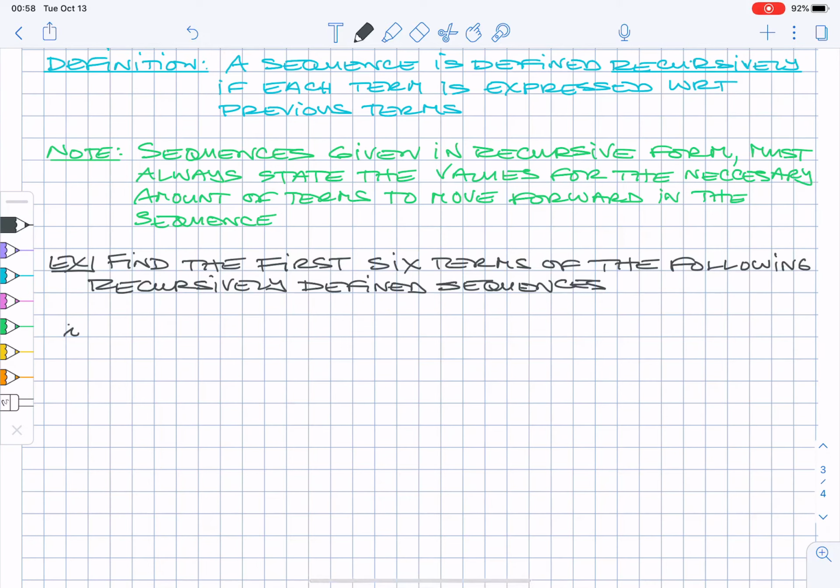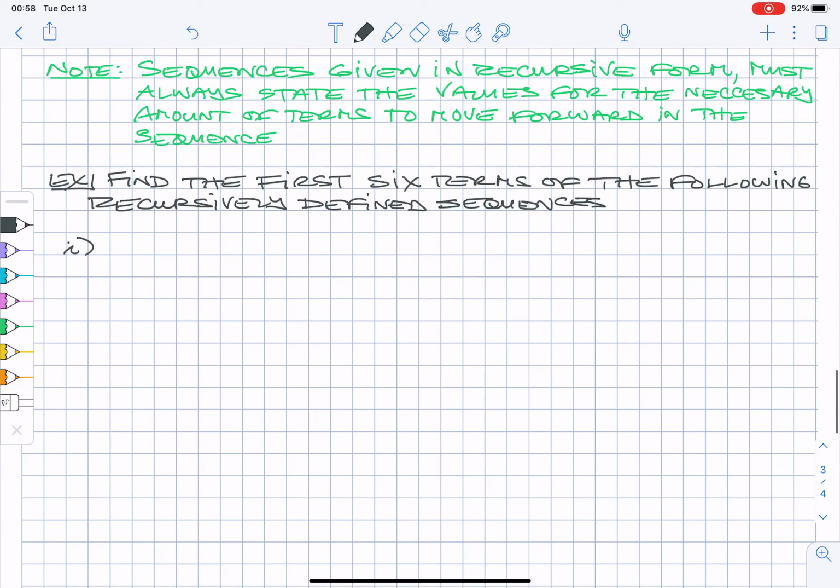Number 1, let's say we have that a sub n is given as twice a sub n minus 1, from which we're subtracting 3, and we're given that a sub 1 is 5.